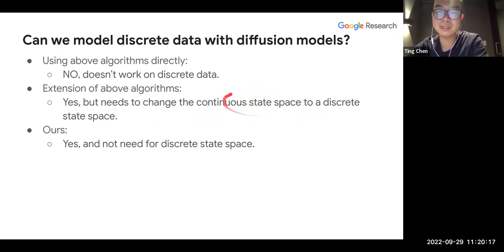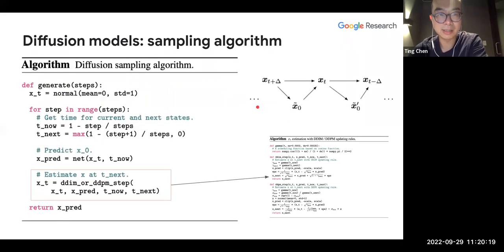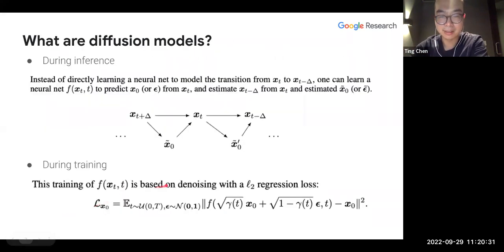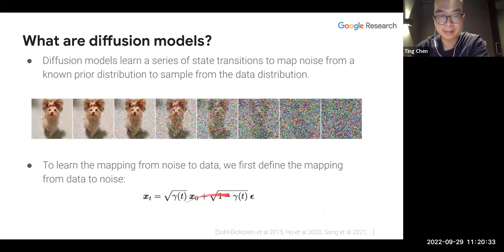What I mean by continuous state space is that XT is basically the image at different stages at different time steps. They are all continuous because you can see here the interpolation is between the data and the Gaussian noise.